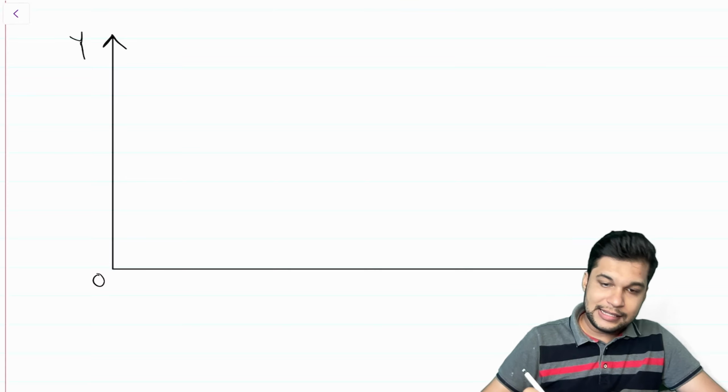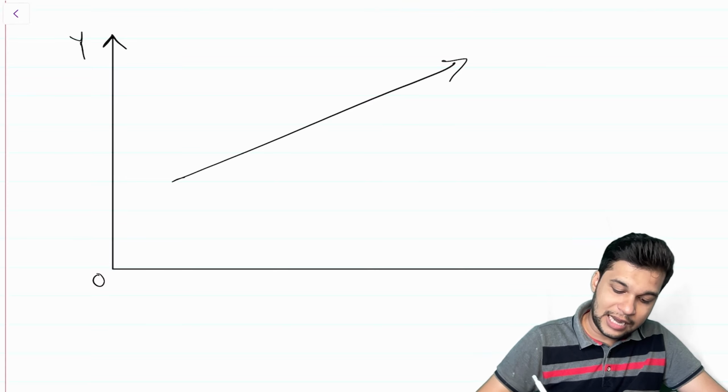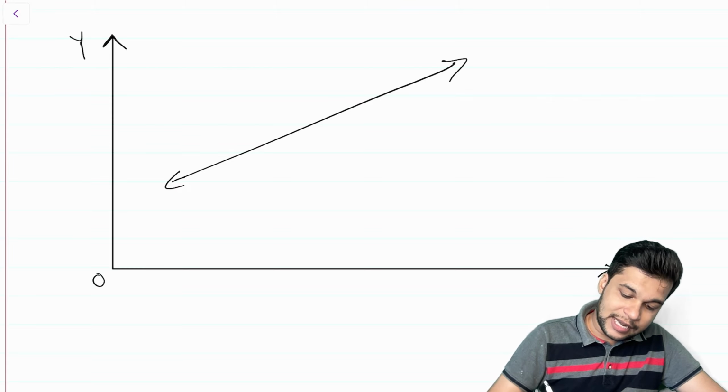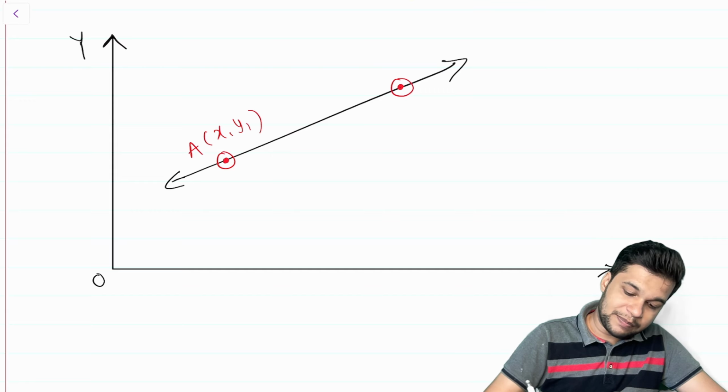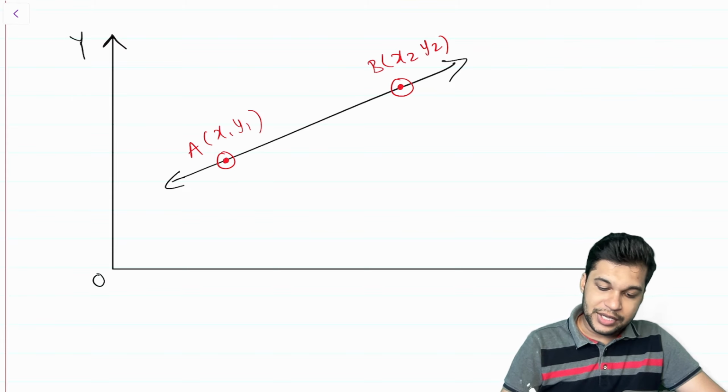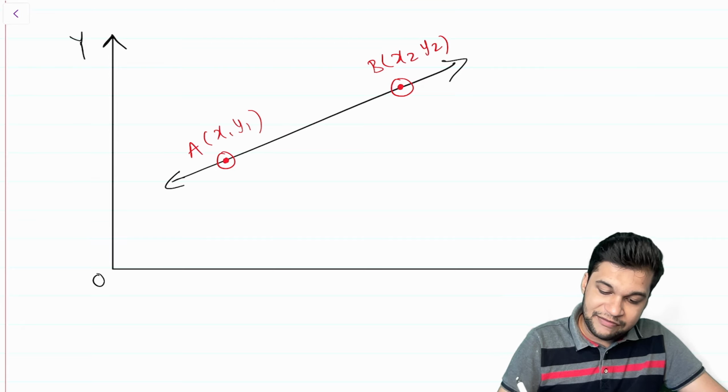Now let's say you have a line over here, something like that, and you have 2 points. Let's say this point over here is A, which is x1 y1, and this point over here is B, which is x2 y2.